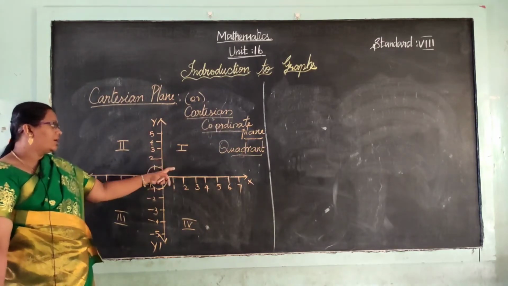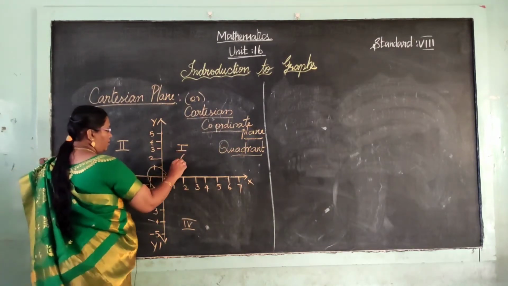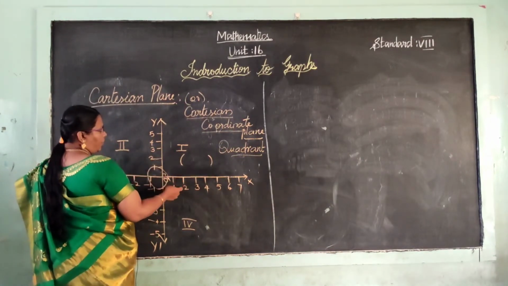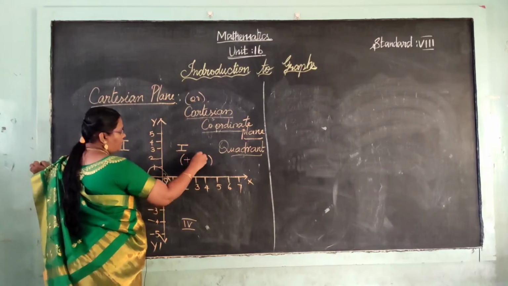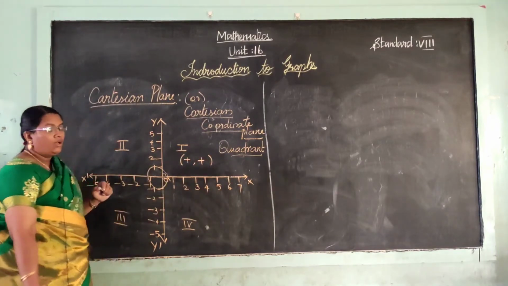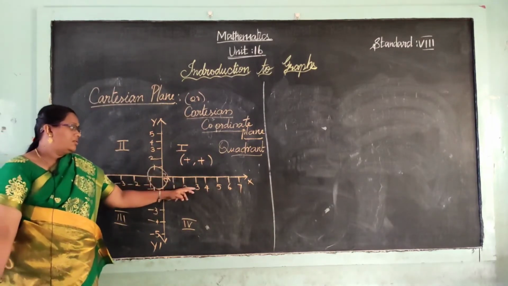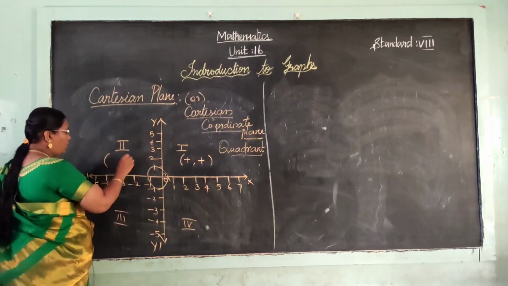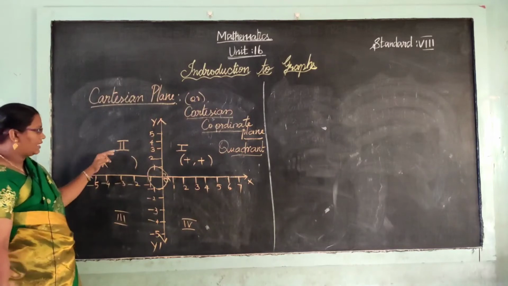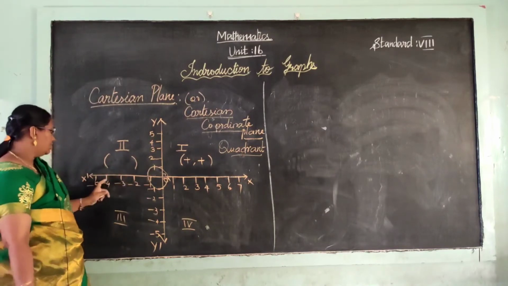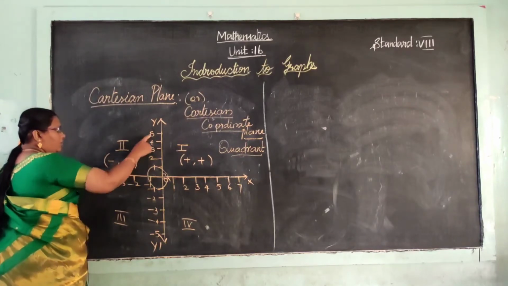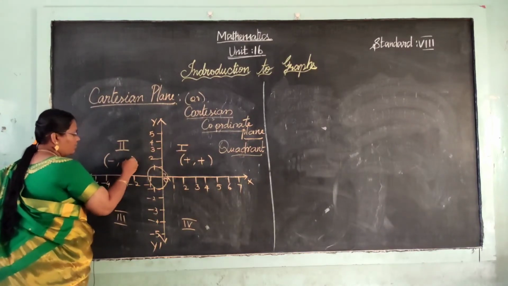In the first quadrant, both ordinates, the points, are positive. In the second quadrant, the x-axis value is negative and the y-axis value is positive.